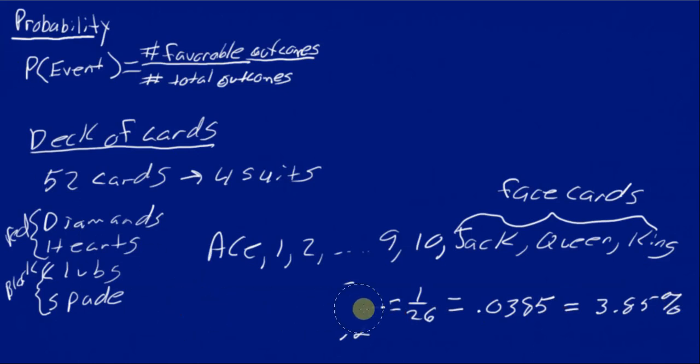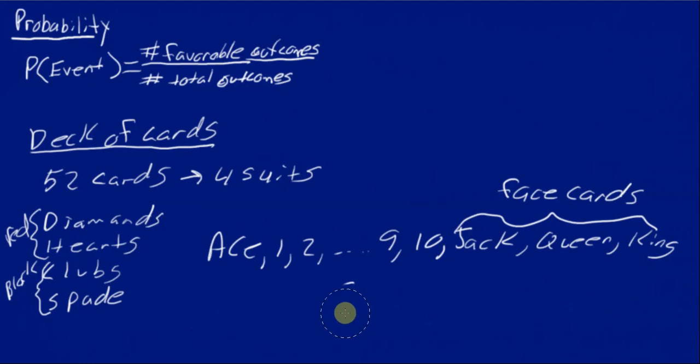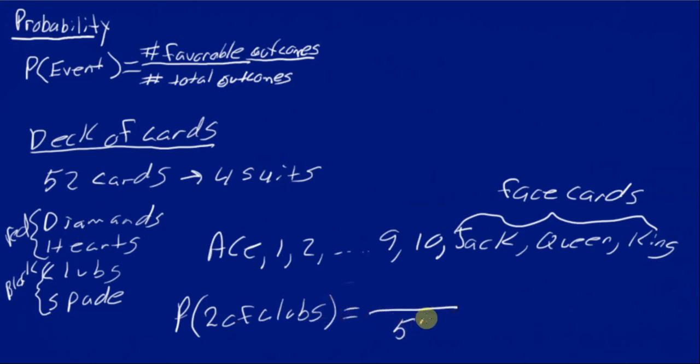I'm going to leave all this up here with the cards. And that's the probability of getting the 2 of clubs. All right, well, again, the easy part. If I pick one card at random, there are 52 possible cards.